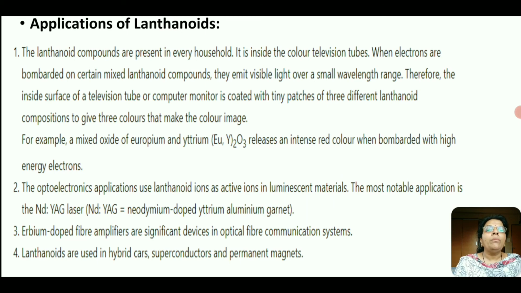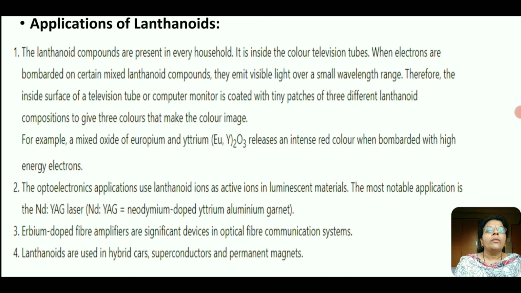Three different compositions give 3 colors that make the color image. For example, a mixed oxide of europium and yttrium, that is EuY2O3, releases an intense red color when bombarded with high energy electrons.